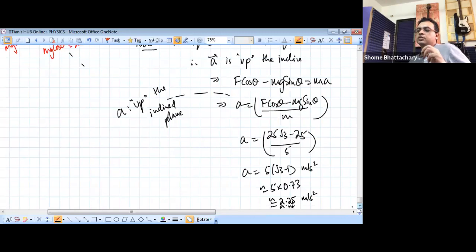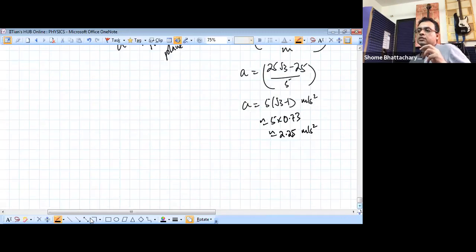Oh, sorry, my mistake. Calculation mistake I've done. Wait. So ये कितना हो जाएगा? 0.73 into 5. 3.65 meters per second square up the inclined plane. Yes, it's correct, Devash. It was the correct one.